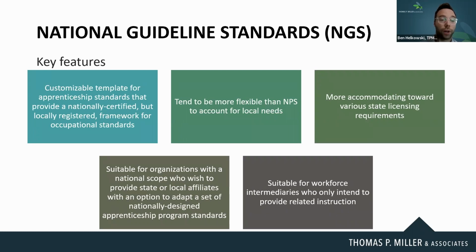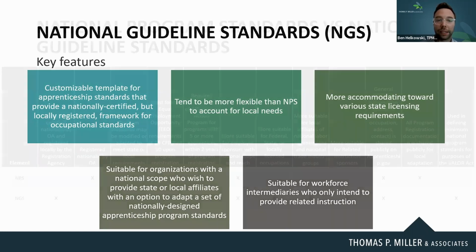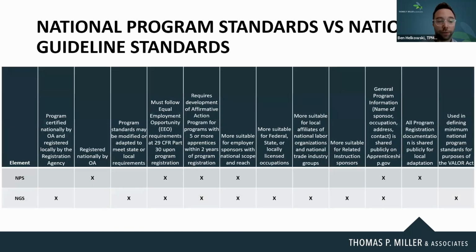They tend to be suitable for organizations with a national scope who wish to provide state or local affiliates with an option to adapt a set of nationally designated apprenticeship program standards. They are suitable for workforce intermediaries who only intend to provide related instruction. To differentiate between the two, we provided an outline of the requirements for both national program standards and national guideline standards.